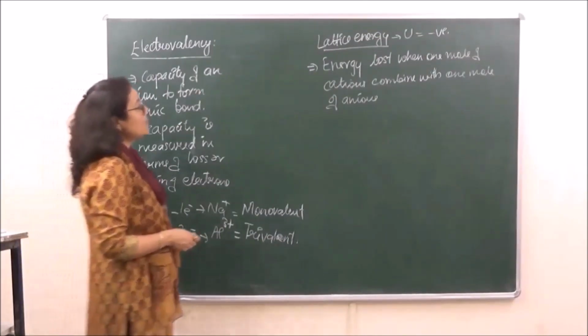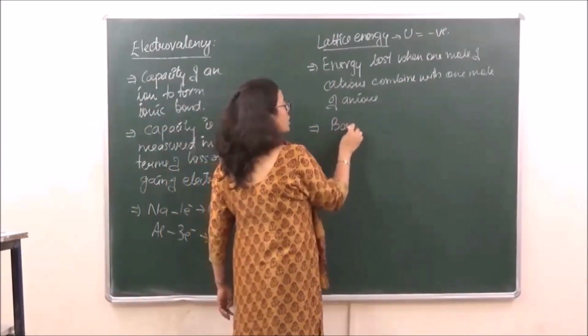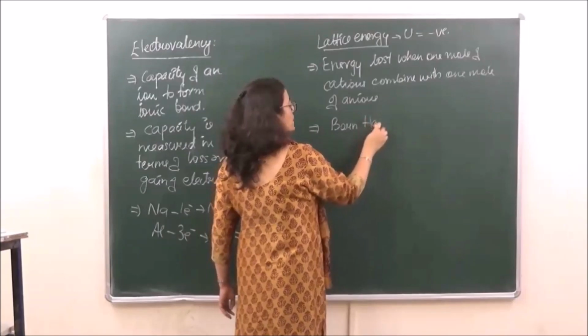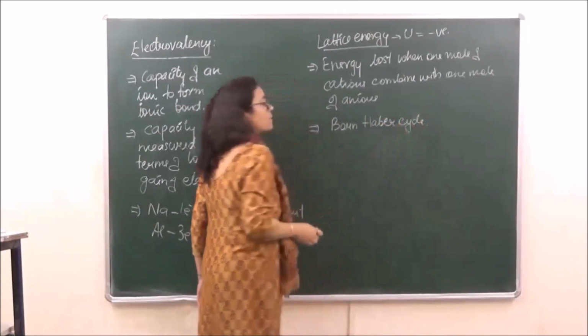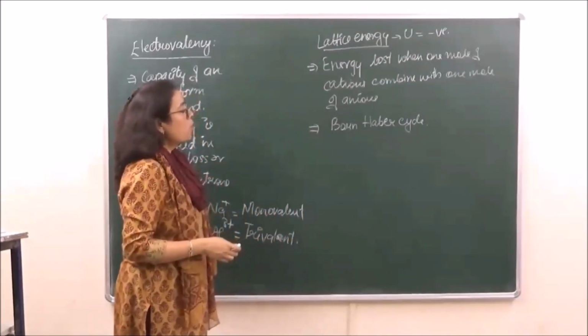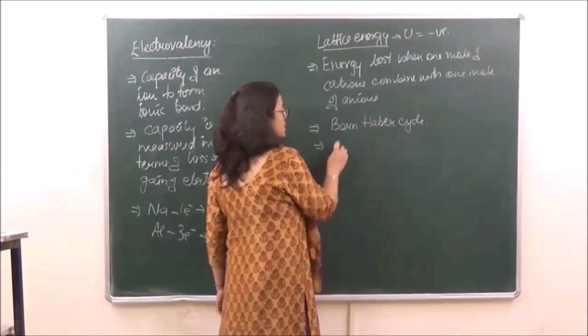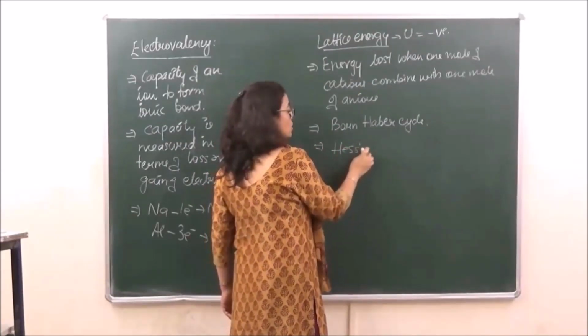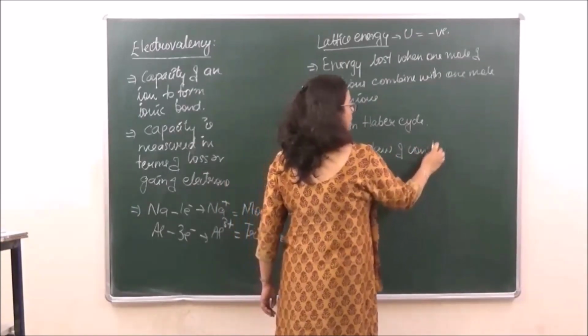Okay, now how do we measure the lattice energy? Lattice energy is measured on the basis of a cycle which is known as Born-Haber cycle. This Born-Haber cycle is based on a law which is Hess law of constant summation.